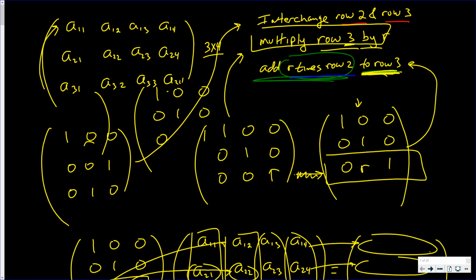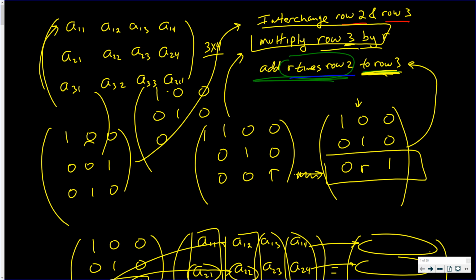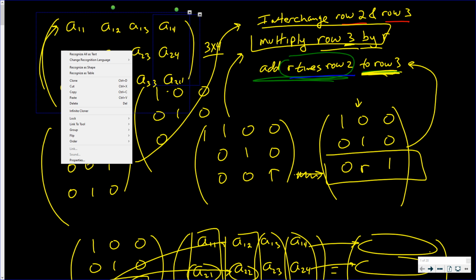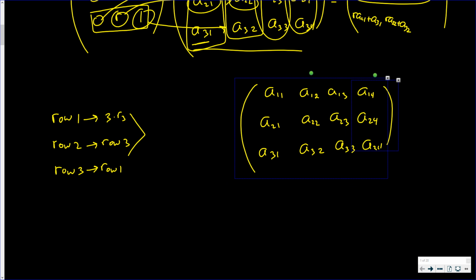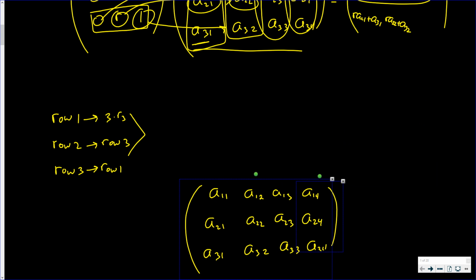Okay, so we have this matrix. Why won't it say copy? Okay. Maybe I'll put it down here.